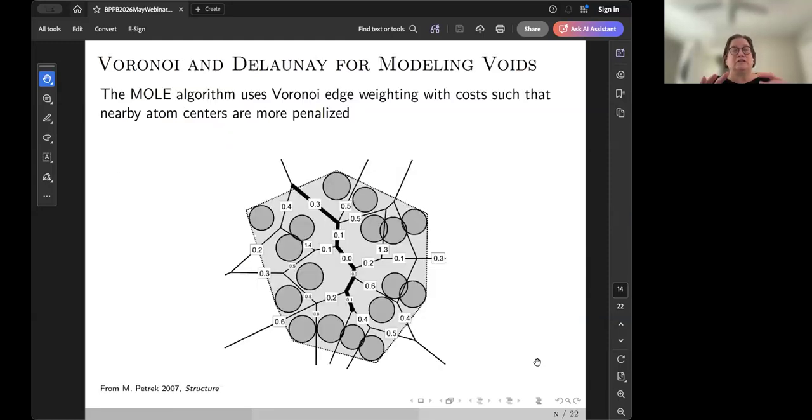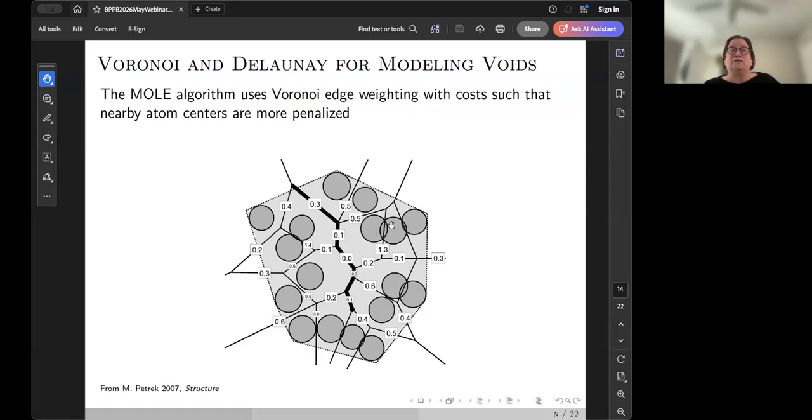One last idea about how this is done is that if I have my cloud of points and my Delaunay, excuse me, in this case, my Voronoi characterization of it, I can put weights on the different faces and edges of my Voronoi diagram that effectively downweight things that are farther apart.